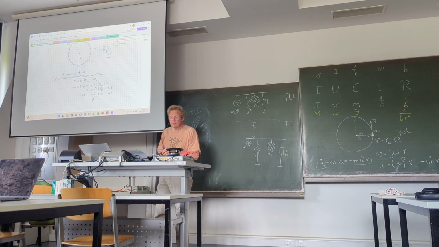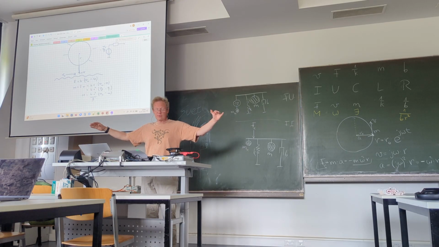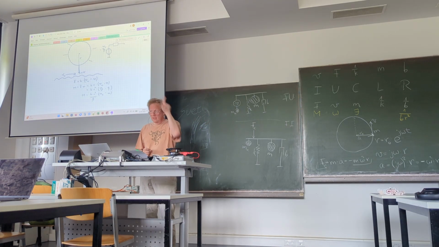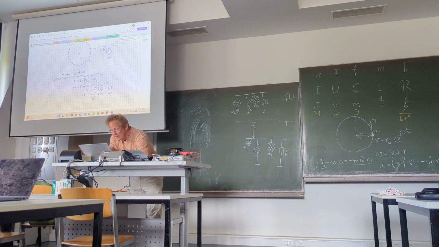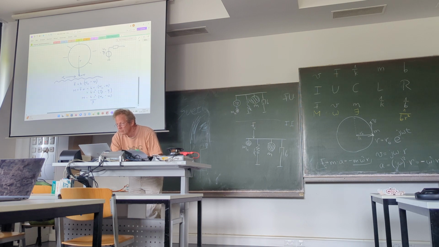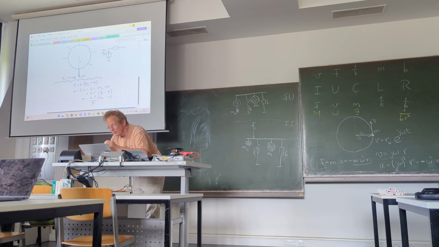And now we can see the connection between the straight line damper constant B and the rotational constant beta. It has to do with the radius of the movement, but it's not just times R, it's times R squared. So this is a beta. And then we could write it like this. In order not to confuse it too much, let's write 1 over beta, and this here is our B multiplied with R squared.